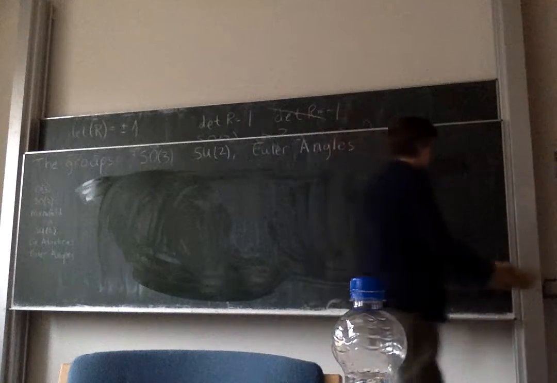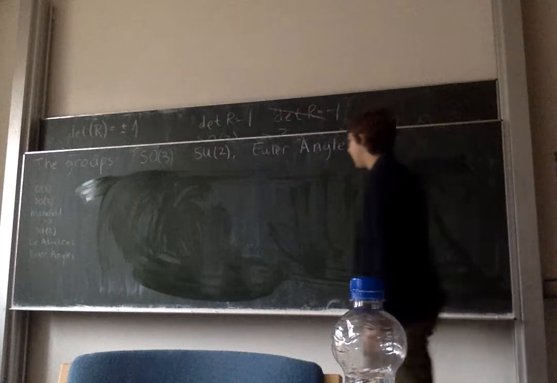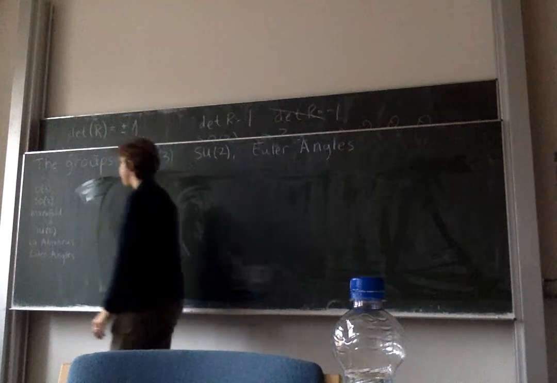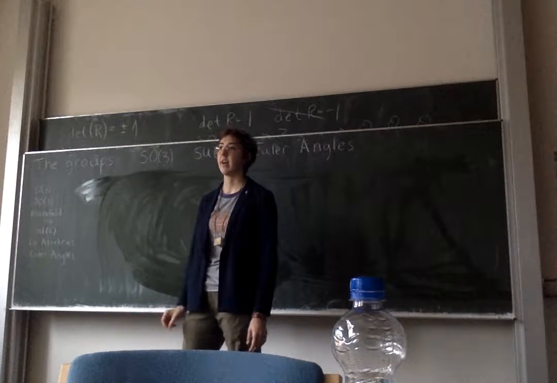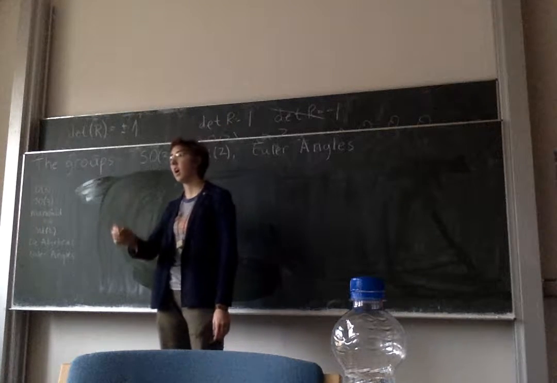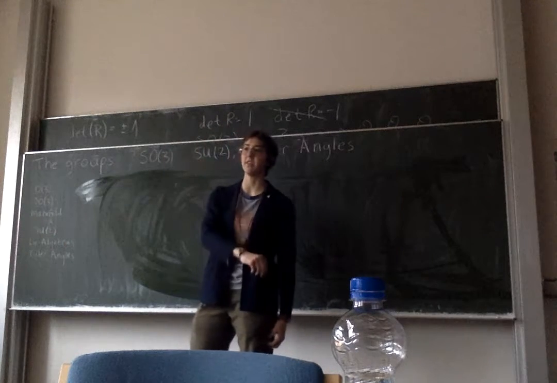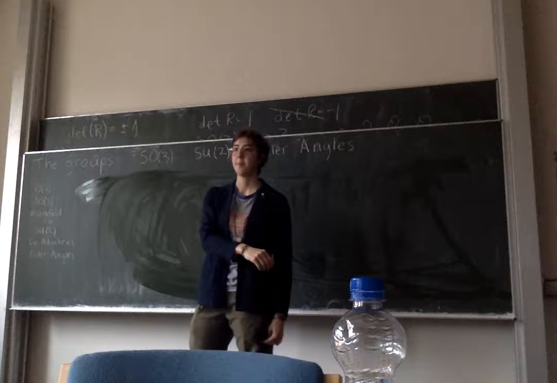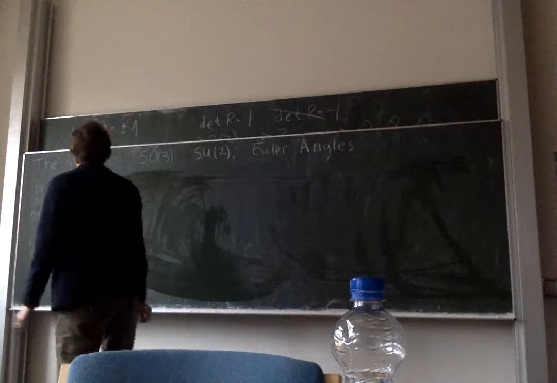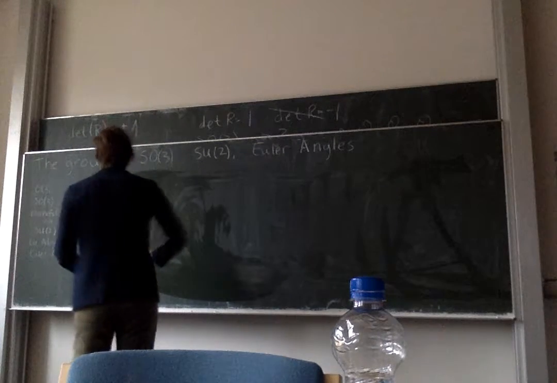That's their relation. And this universal covering group has a property such that the projective representations of SO3 are equivalent to the regular representations of SU2. What is that and why is it important? So projective representations.